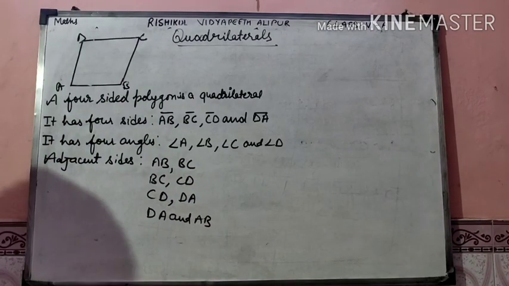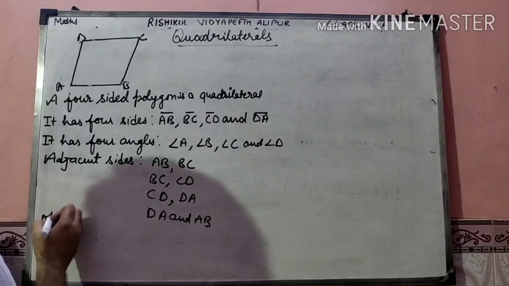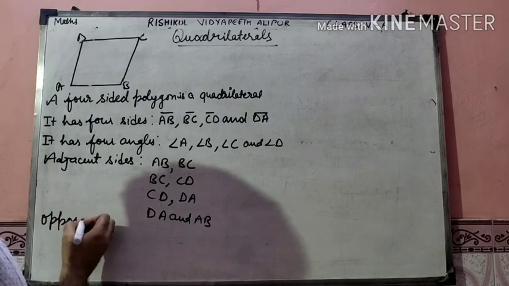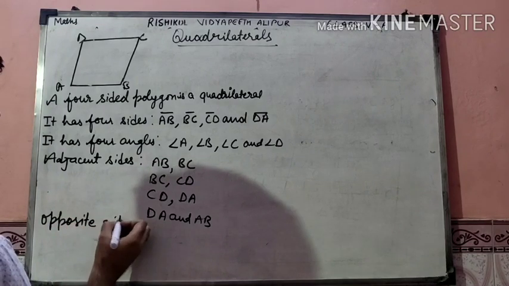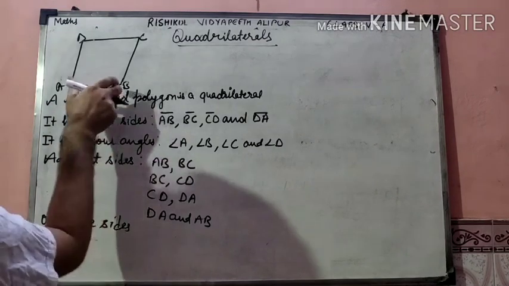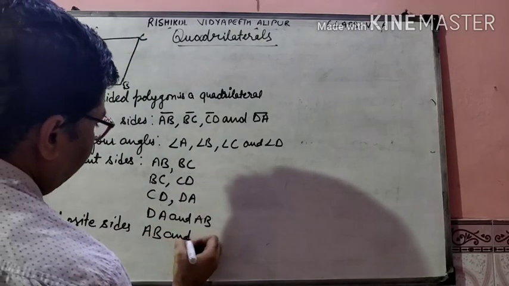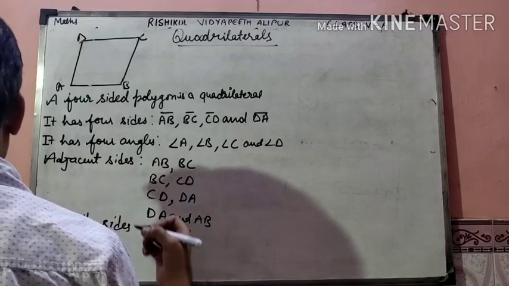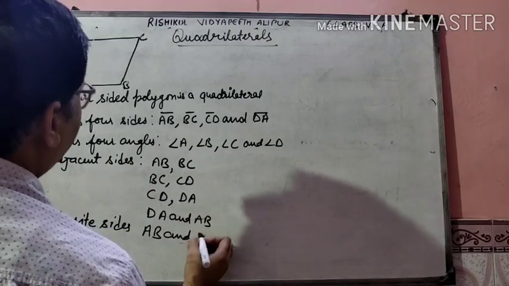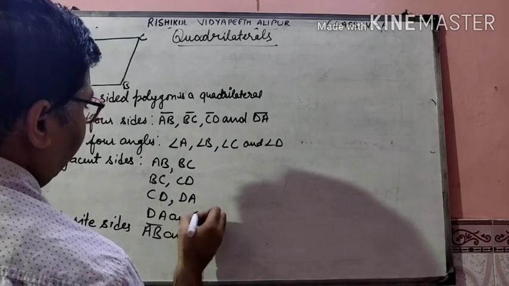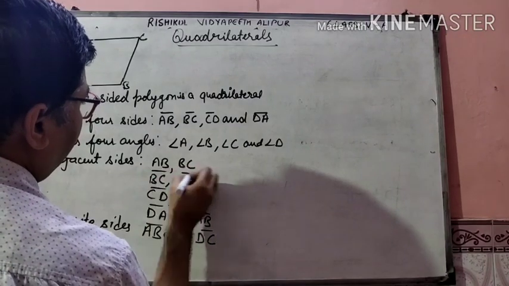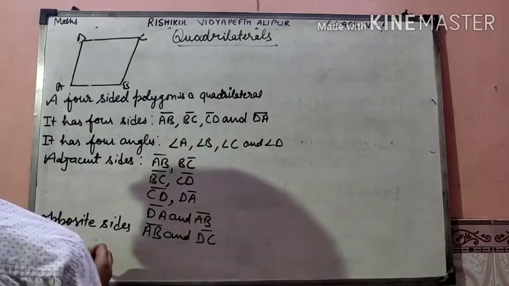So the next one is opposite sides. Can you tell the opposite sides? AB is opposite to DC, which are facing each other.